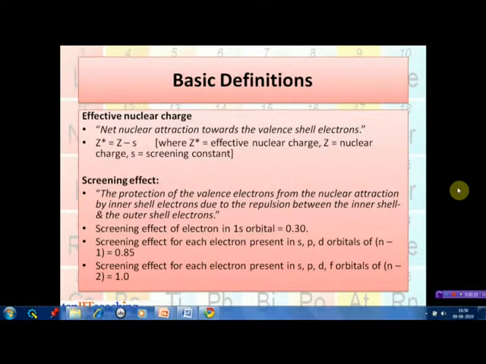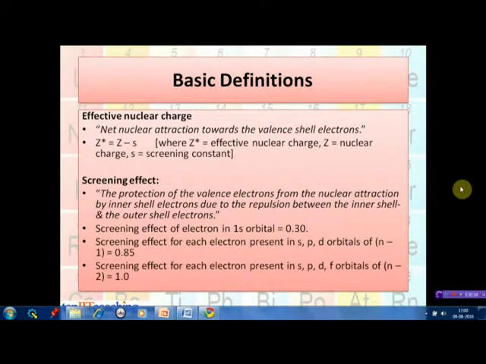So the attraction of nucleus on the outermost electrons is not as strong as it would have been in the absence of the inner electrons, that is, those electrons that revolve closer to the nucleus. We can represent effective nuclear charge in the form of a simple mathematical formula, which is Z star is equal to Z minus S. Here Z star is equal to effective nuclear charge, Z is the nuclear charge, and S is the screening constant. Screening constant brings us to another term, that is screening effect.